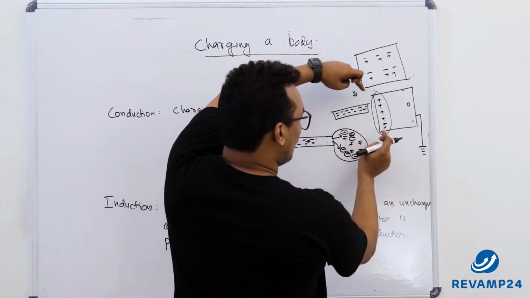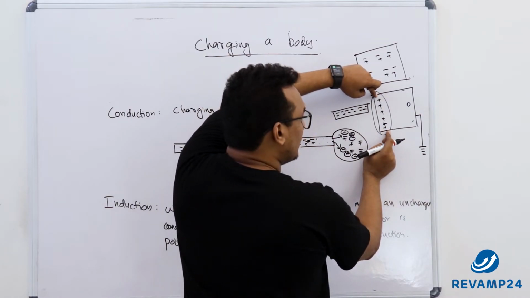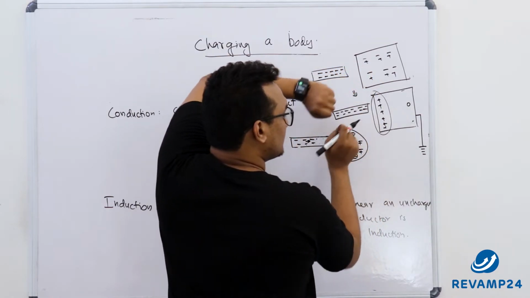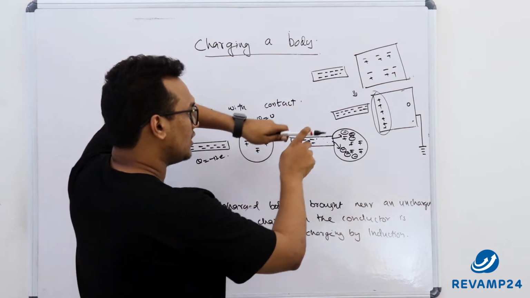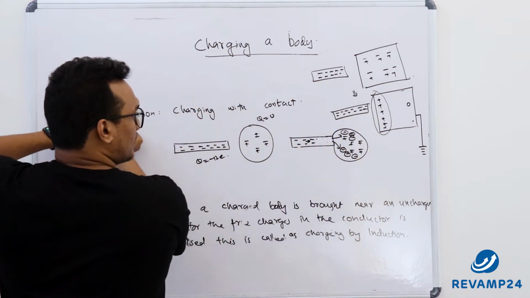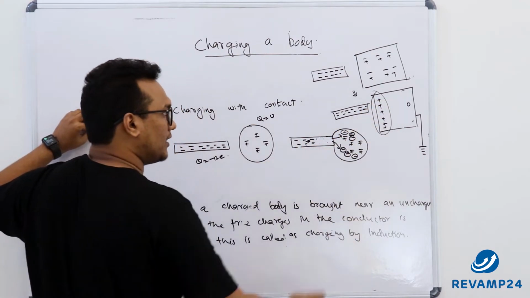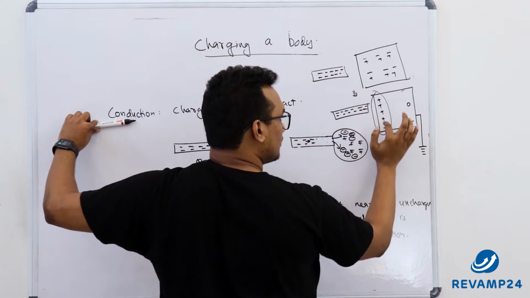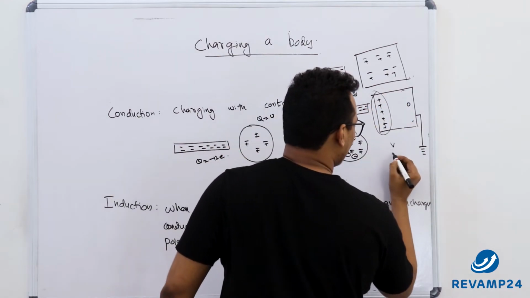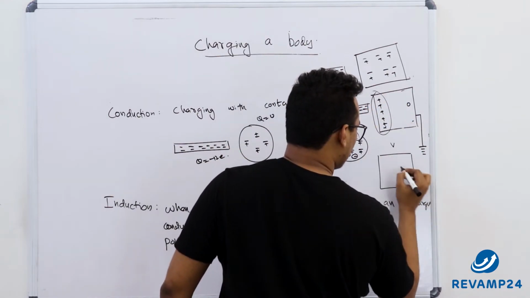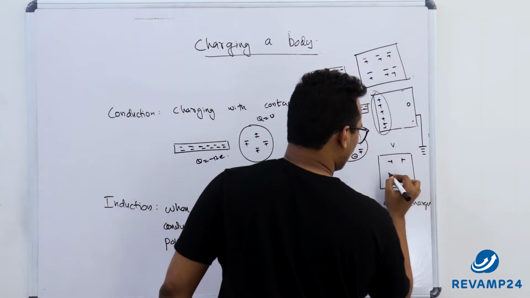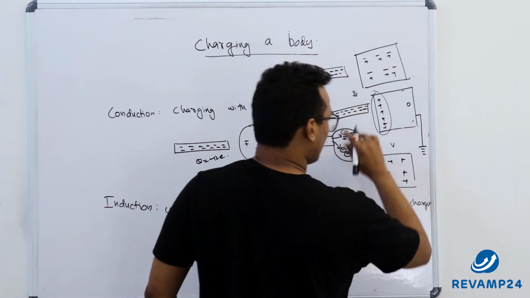And now we can distribute all 6 positive charges across the material. How? Why are the positive charges staying here? Because they are attracted by the negative charge, the charged body. The moment you keep it far away from this material, what will happen? Now these positive charges will interact with each other and spread across like this: 1 positive, 2, 3, 4, 5 across.